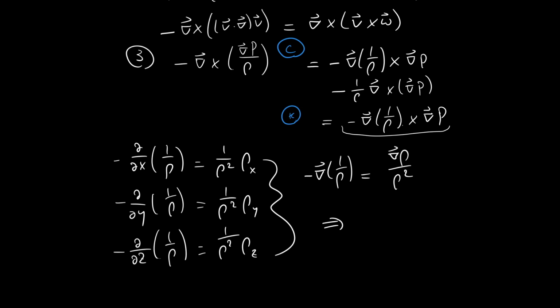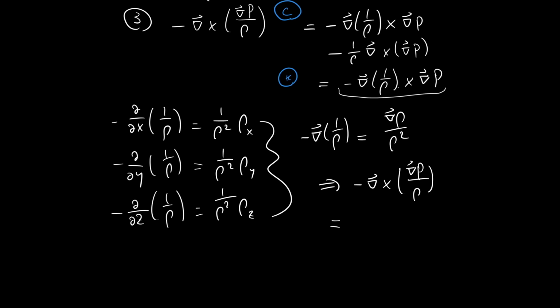So in the end we get minus the curl of nabla p over rho is going to be equal to the gradient of rho over rho squared, and then we take the cross product with nabla p. So it's going to be the cross product of the gradient of rho with the gradient of p divided by rho squared.